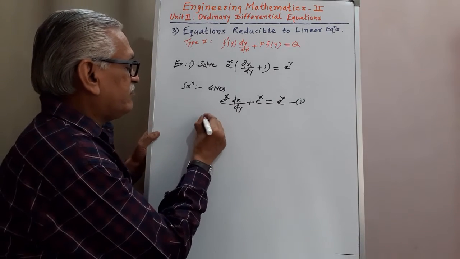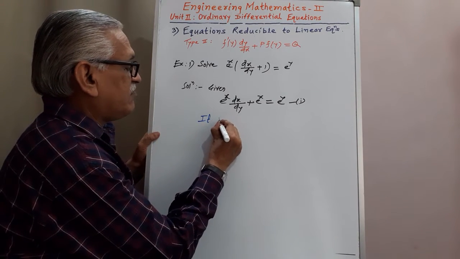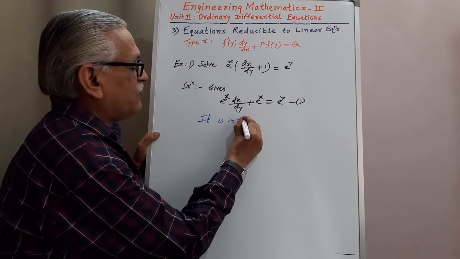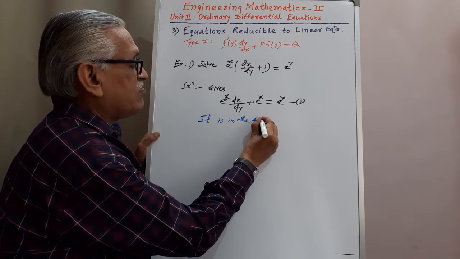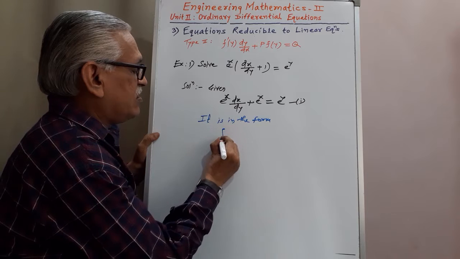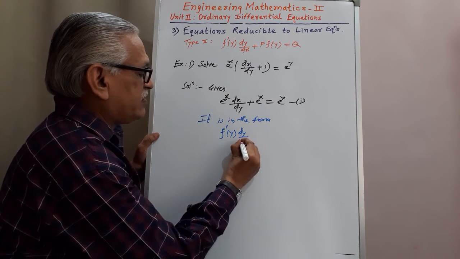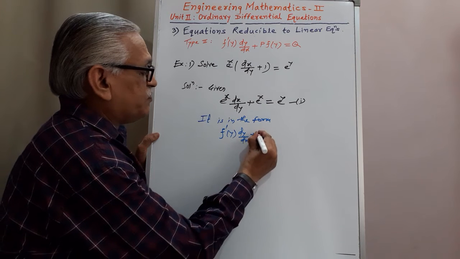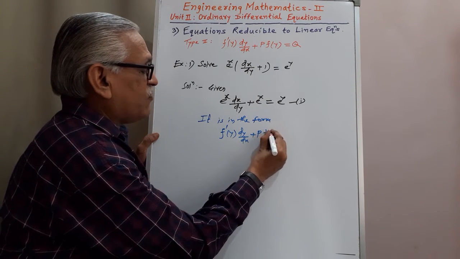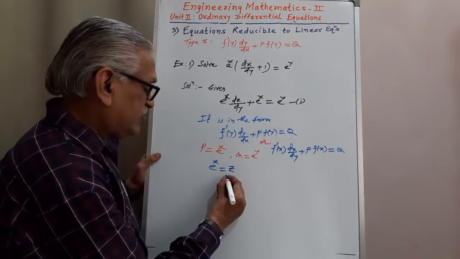It is in the form f dash of y into dy by dx plus p into f of y is equal to q. Put z equals e raised to x.